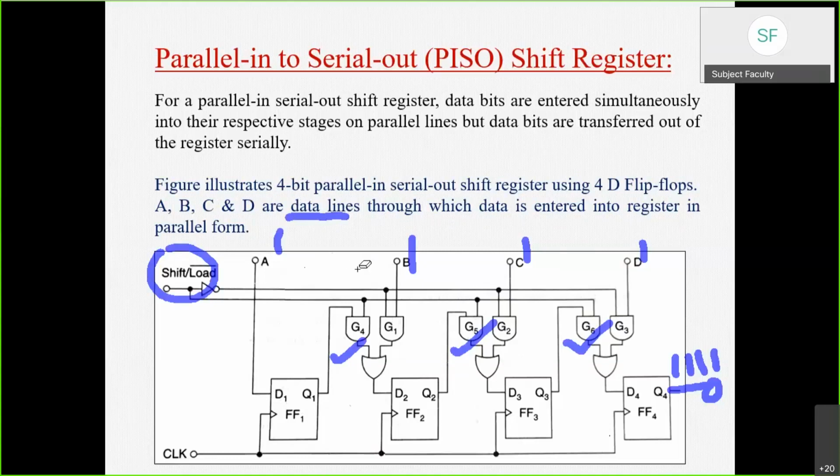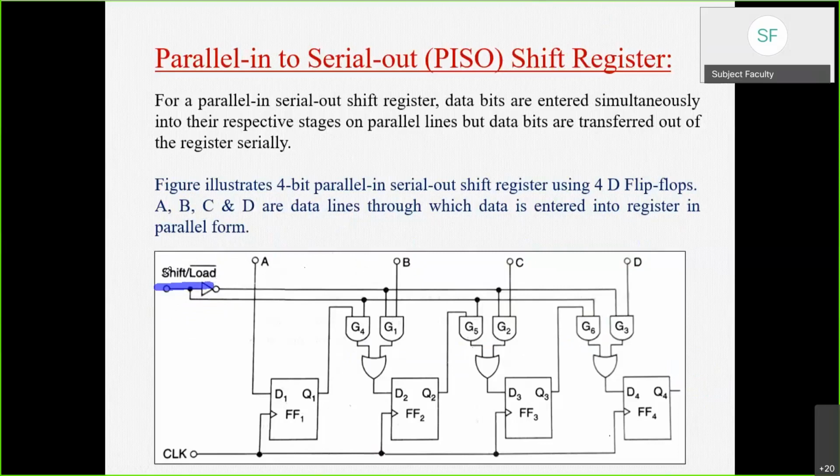Now this pin is very important in order to understand the working operation of the parallel in serial out shift register. A single terminal will control the flow of data bits into your shift register.